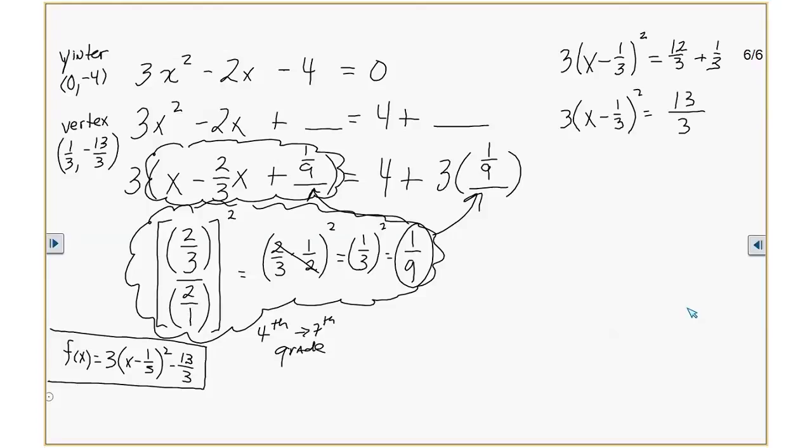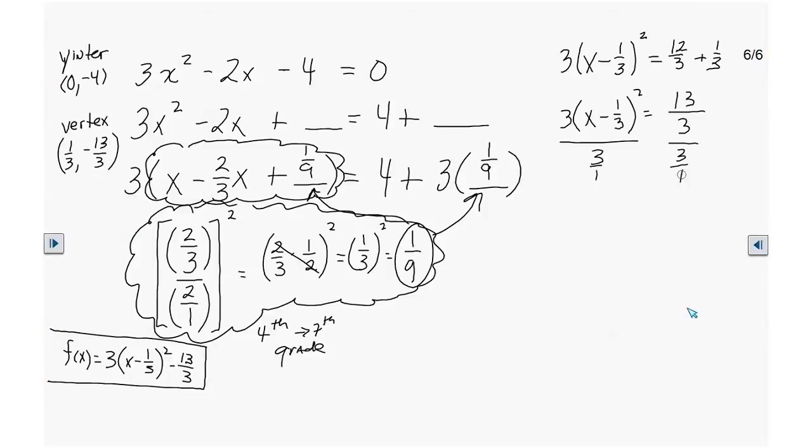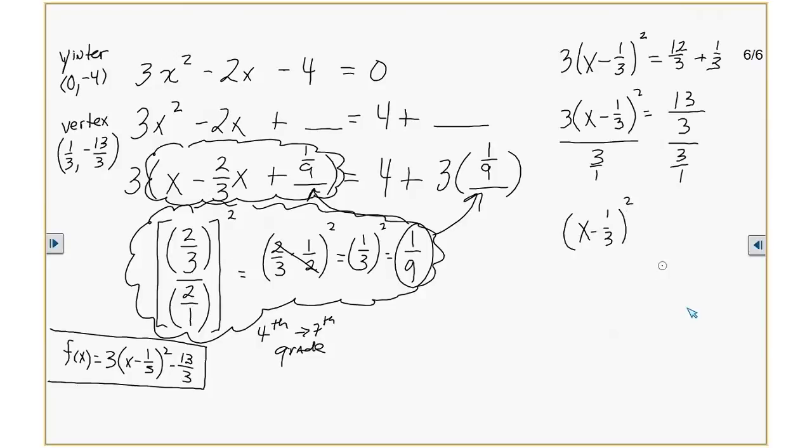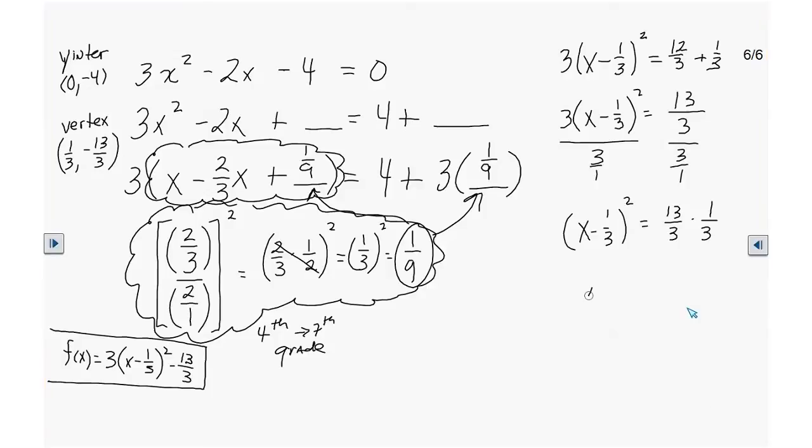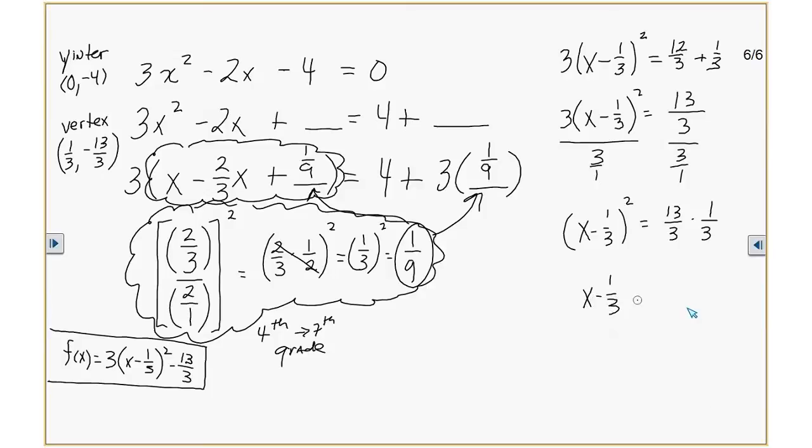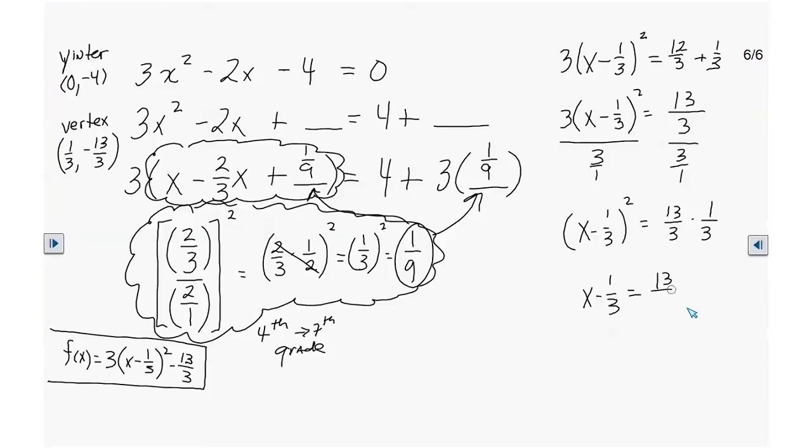Now let's solve it. Divide by 3 on both sides. (x - 1/3)² is equal to 13/3 multiplied by 1/3, which is 13/9.